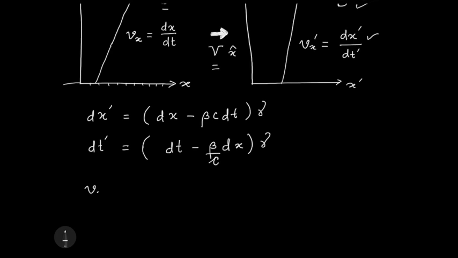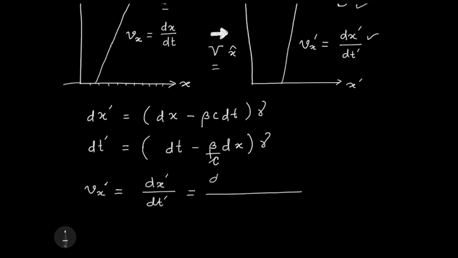Now I can calculate what is my Vx prime. It's essentially dx prime by dt prime. And how much is that? Well, we can see dx prime written over here and dt prime written over in the second line. Gamma cancels out first of all.